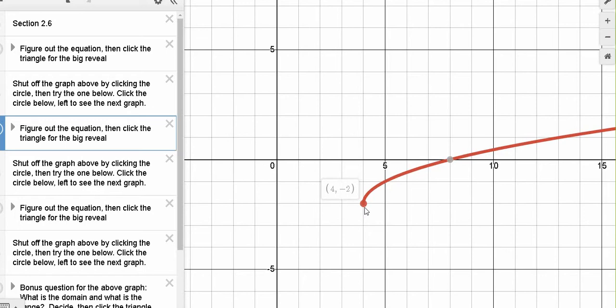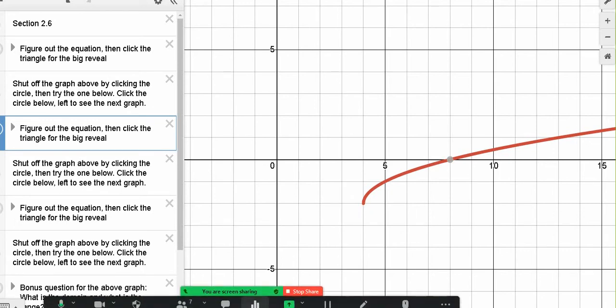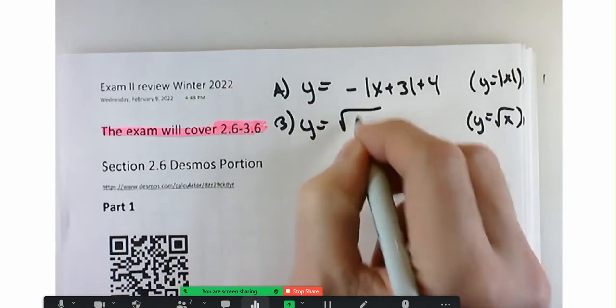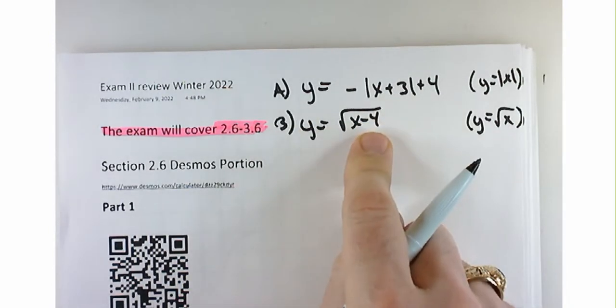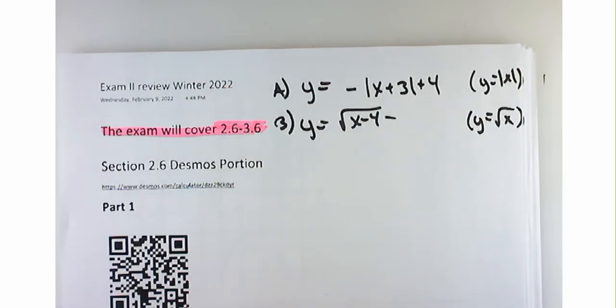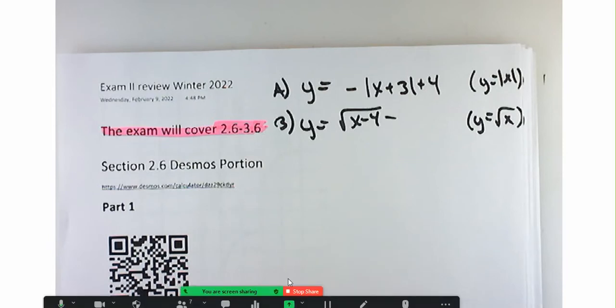I'll give you a second or two, or pause the video if you want to figure that out for yourself. So to the right by 4 would be square root of x minus 4. Remember, those horizontal shifts are opposite of what the sign tends to indicate. And then the last part was down by what, 2? So minus 2.